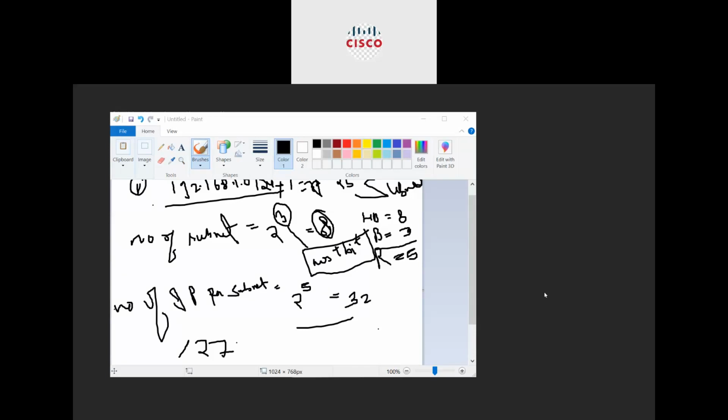Okay, so remember one thing, whenever I say that I want to divide my network into departments, there is a condition, and the condition is always applied.